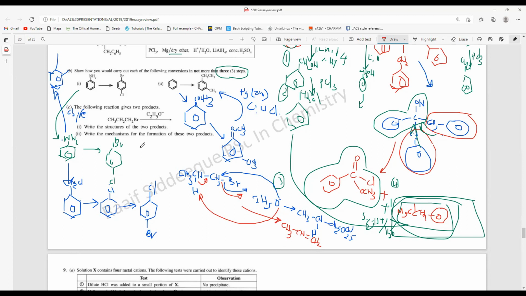So these two structures you can draw here and write the mechanism. So this is the mechanism. O- attacks the carbon and Br leaves, and this product is formed. For the other one, the formation of the alkene, O- attacks this adjacent hydrogen, this bond breaks towards this forming the double bond, and this Br leaves. So these are the two structures and the mechanism. Okay.